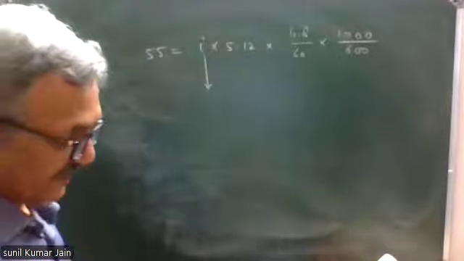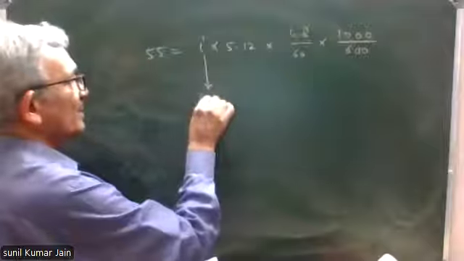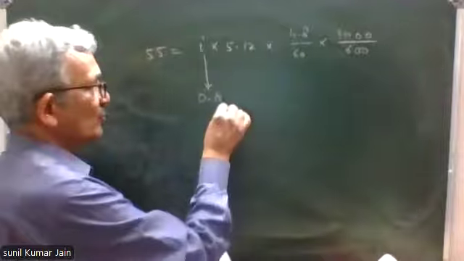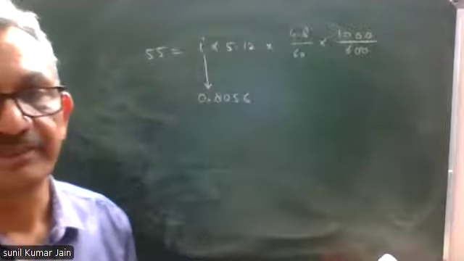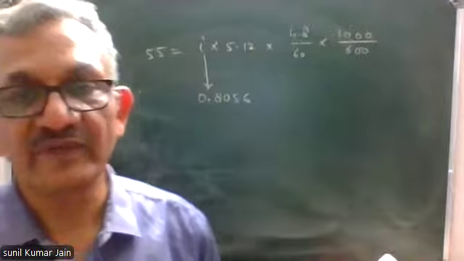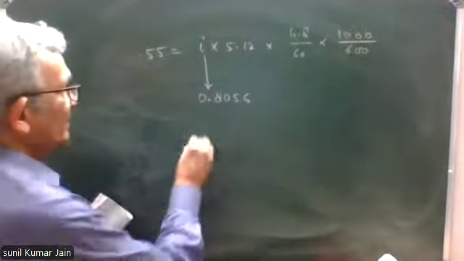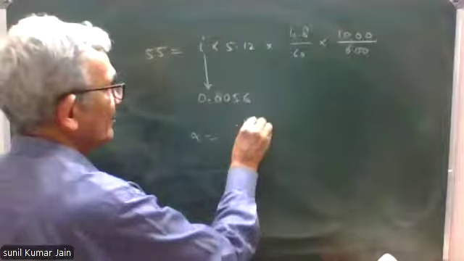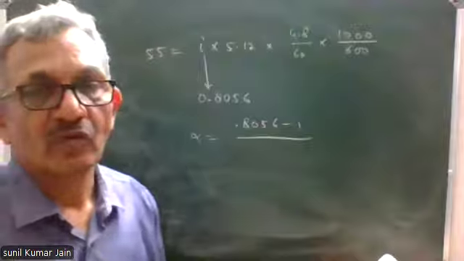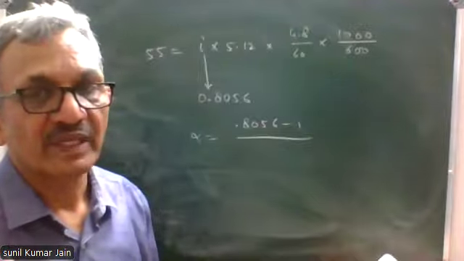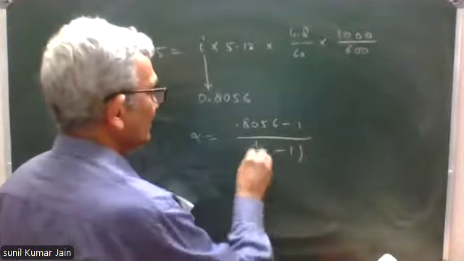We'll calculate the value of i. Since this is association, the value will be less than 1. This will be 0.8056. This is the value of i. Now we'll calculate the value of alpha. For that, we'll use the relation which I gave you. alpha will be i minus 1 divided by, for dimer formation, the value of n is 2, so it will be 1 by 2 minus 1.